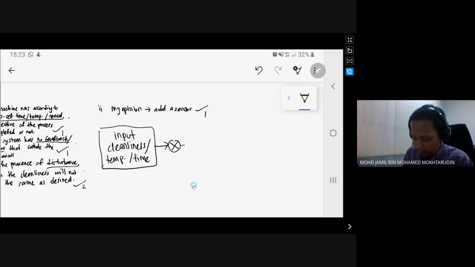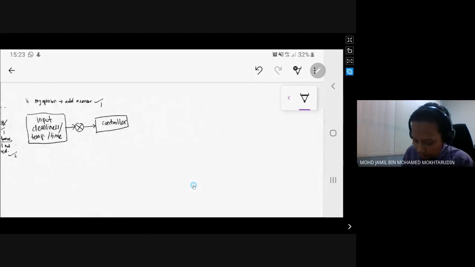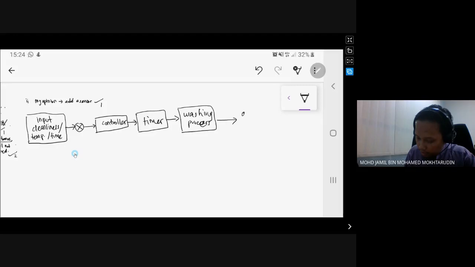After that, it will go through a controller, and then maybe a timer. After the timer, maybe you go to the washing process, and then the output.